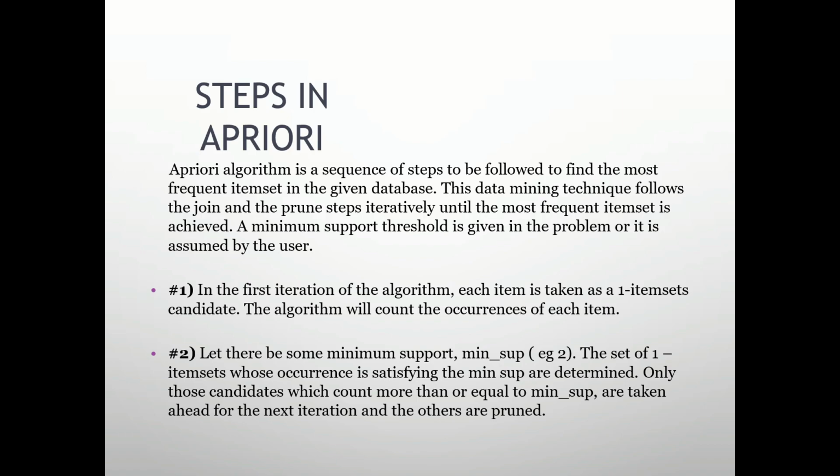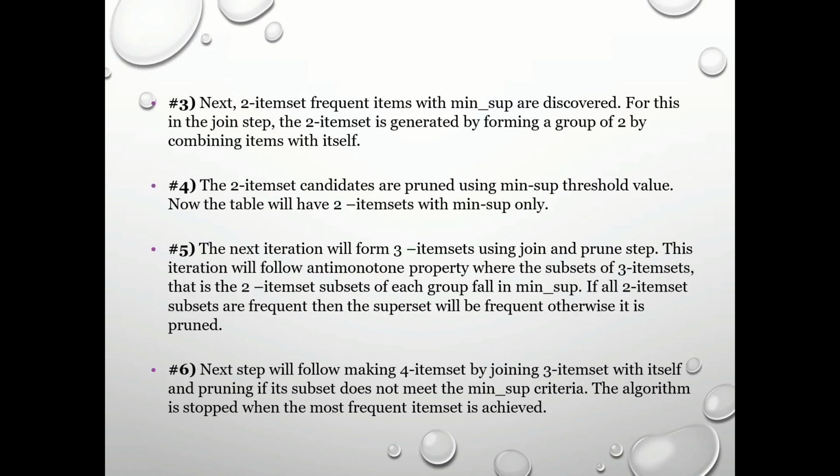In the first iteration of the algorithm, each item is taken as a one-item-set candidate. The algorithm will count the occurrence of each item set. Next, the two-item sets with minimum support are discovered. For the join step, the two-item sets are generated by forming groups of two, combining each item with itself.